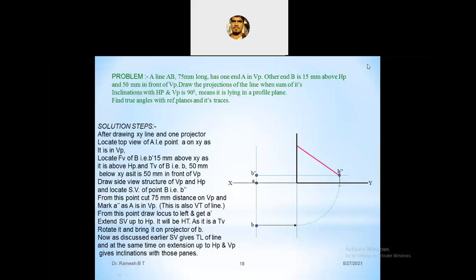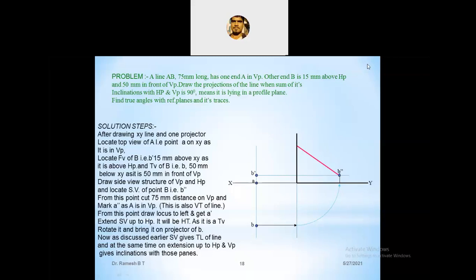So we have to locate the other point. Being 50 mm in front of VP, it appears in the HP, so you have to mark it 50 mm below the XY line. Next, 15 mm above the XY line, that is B dash, which you have to write. So in the top view it is like a vertical line.